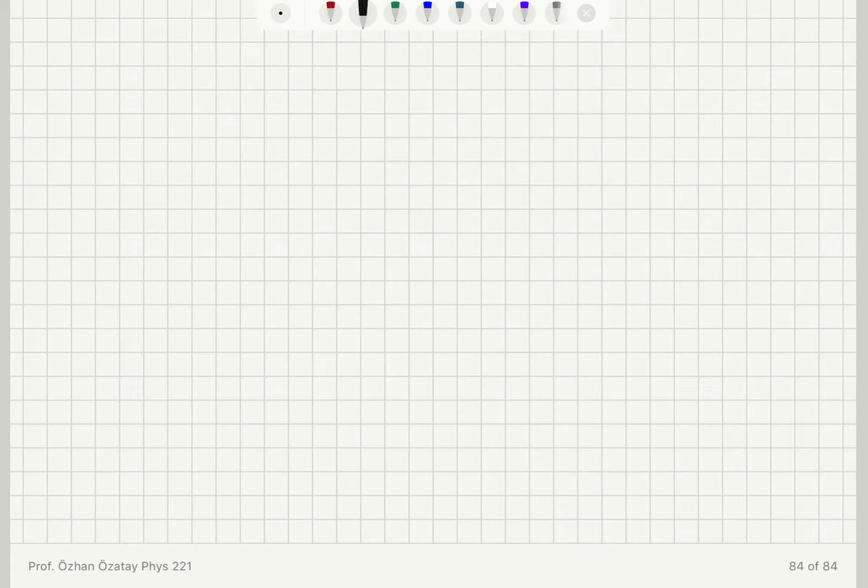Now what I want you to realize about this Gaussian distribution is that it can be written in this form: 1 over square root 2 pi, the standard deviation of n, exponential minus 1 over 2, n minus n bar, the deviation from the mean value, divided by the standard deviation, squared.